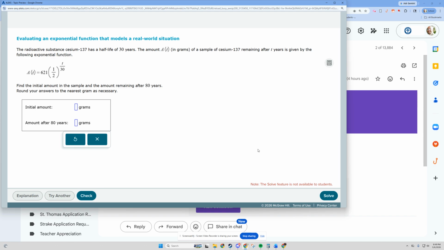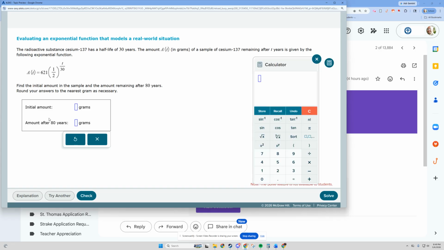The next concept we have is half-life. And that's telling you how long it takes to halve. So right now, the initial amount is 621. And 80 years is halving one time, two times, and then a little bit more than that. So we'll just do 1/2.